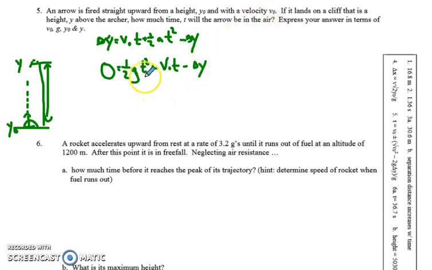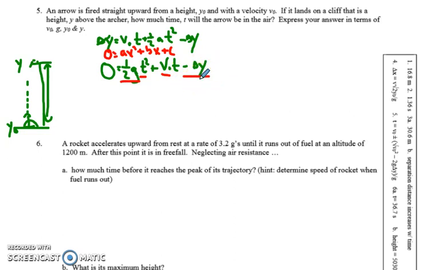So you've encountered this in math class: you have your basic format for a quadratic equation, which follows 0 equals ax squared plus bx plus c. So this 1/2 of g becomes my a, the v naught becomes my b, and my minus change in position becomes my c.